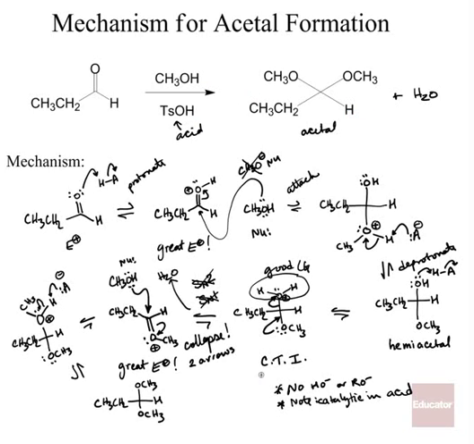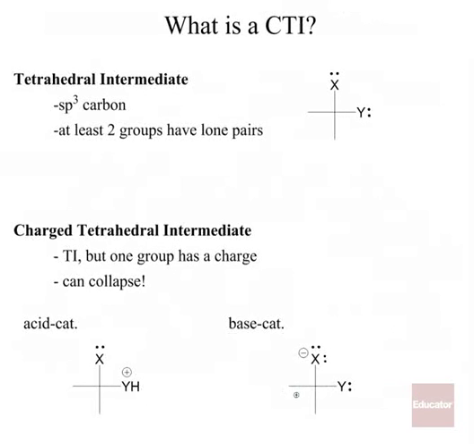So let's take a closer look at what describes a CTI, because we're going to see these mechanisms again and again when we're looking at carbonyl mechanisms. What does it mean to be a charged tetrahedral intermediate? The first thing we start with is something called a tetrahedral intermediate.